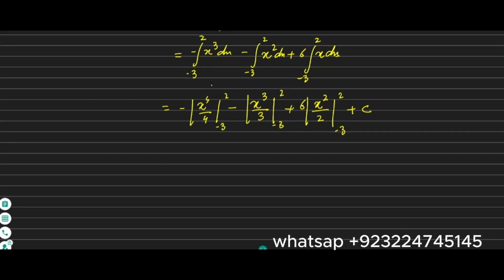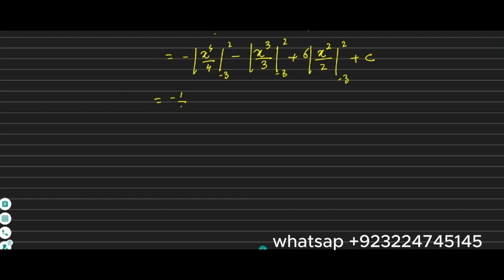Now minus 1 by 4 x to the 4 from minus 3 to 2, minus 1 by 3 x cubed from minus 3 to 2, plus 6 by 2 x squared from minus 3 to 2.